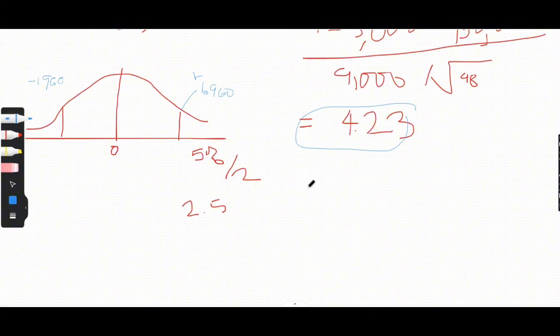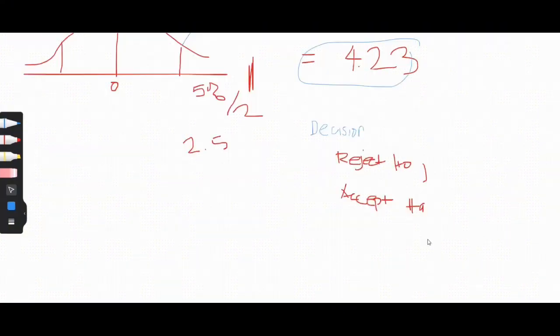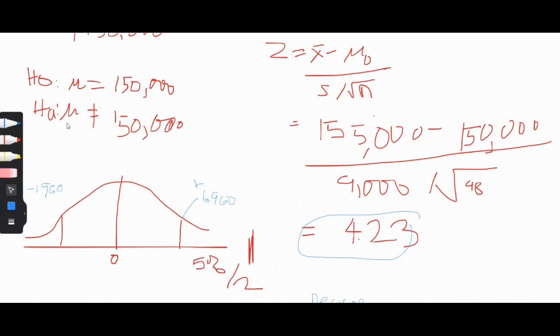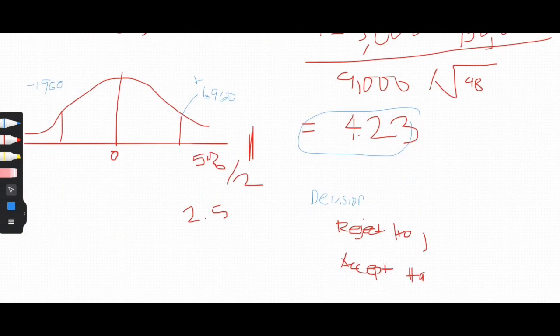Our decision will be to reject the null hypothesis and accept the alternative hypothesis, because the population mean is not equal to 150,000. That proves our alternative is accepted, because the 4.23, our z value, falls on the right side, which is in the rejection region, and our critical z value is 1.960. It does not fall in the fail-to-reject region.